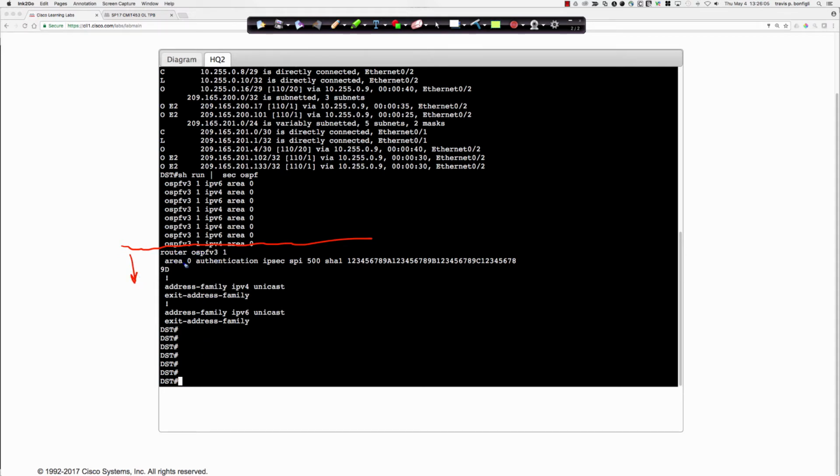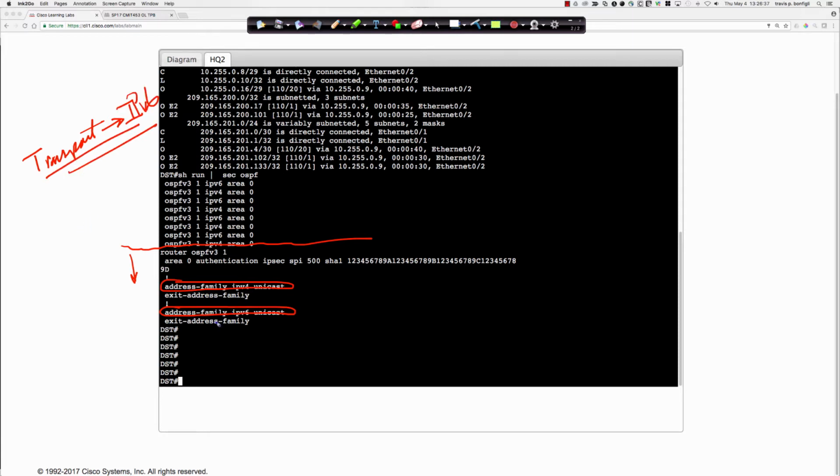We're running OSPFv3 with address families, I think RFC 5838, if I'm not mistaken. So again, it's not OSPFv3 for IPv6, right? It's OSPFv3 with address families, which means that our transport for everything, both IPv4 and IPv6, is IPv6.